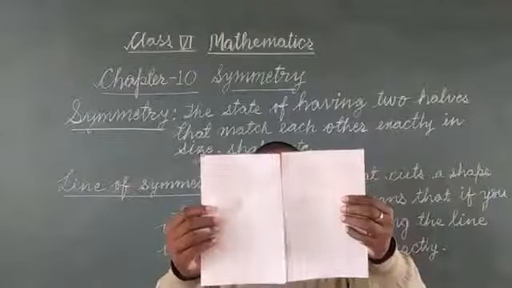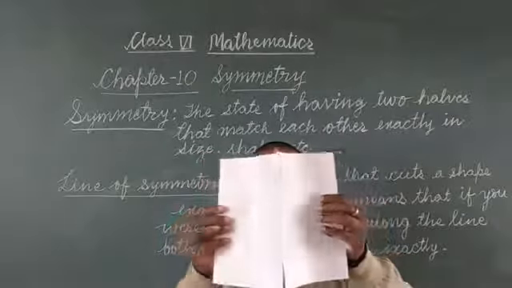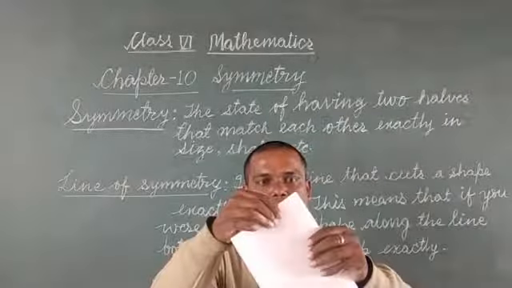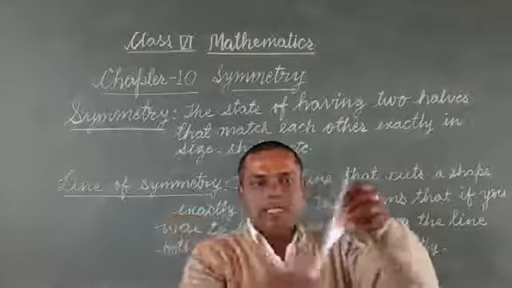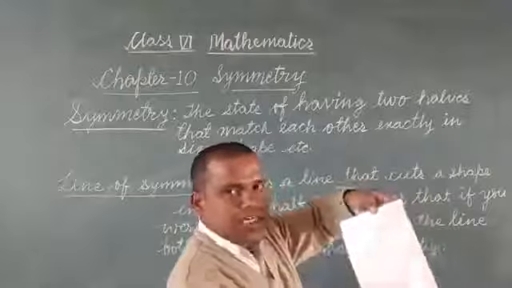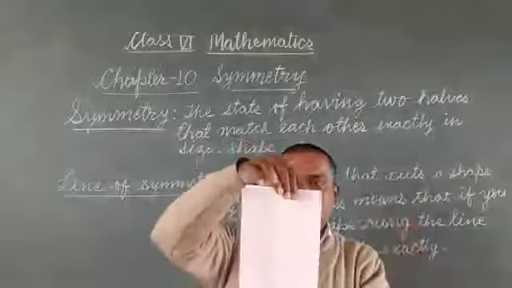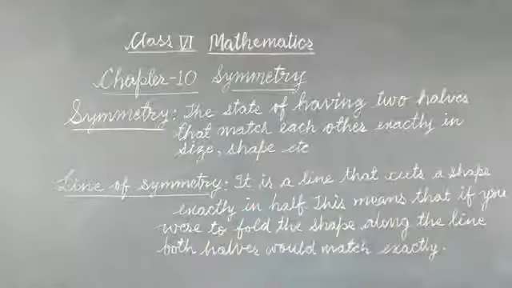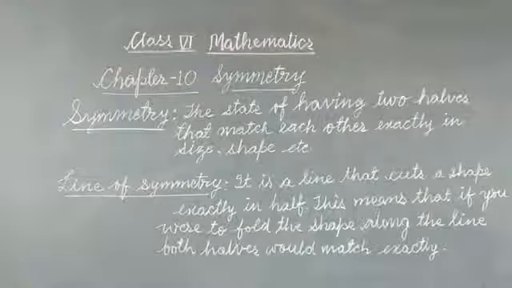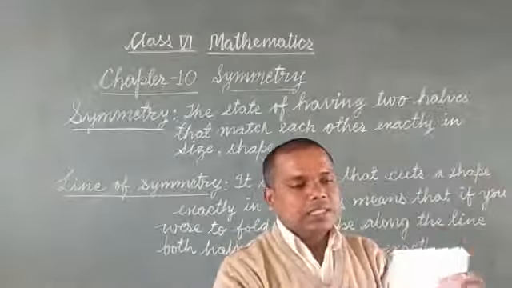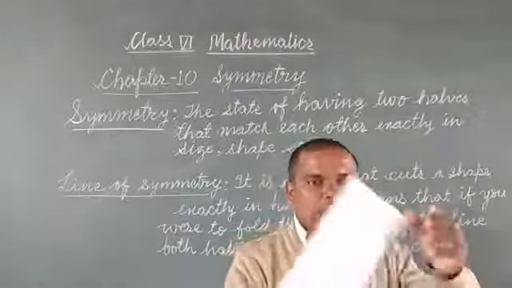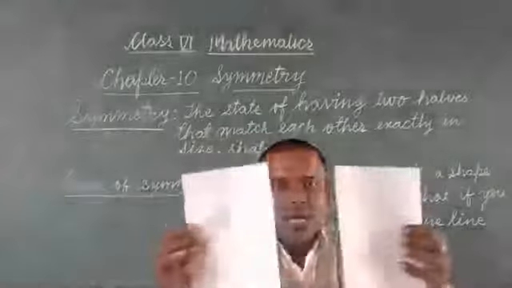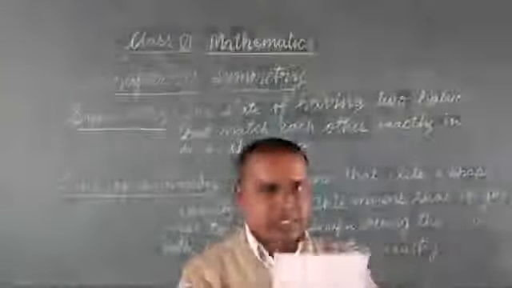Suppose here I am going to make a joint. So you see from all around it is exactly the same size and the shape is also the same. From everywhere this side also matches, this side and this side. So we can say that these two halves of the papers are symmetric papers. Okay.